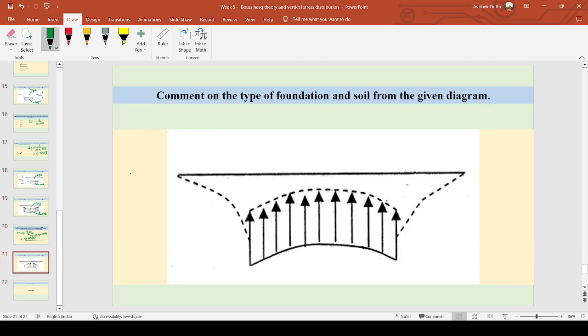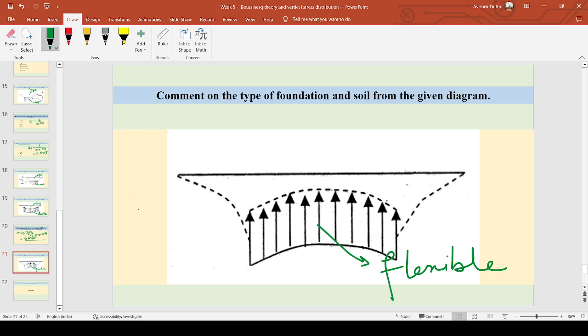Again, type of foundation. This is a uniform contact pressure, uniform pressure distribution of the contact. So again, this is going to be a flexible footing. Now, in this case, the settlement is minimum at the center and maximum at the edges or the corners.